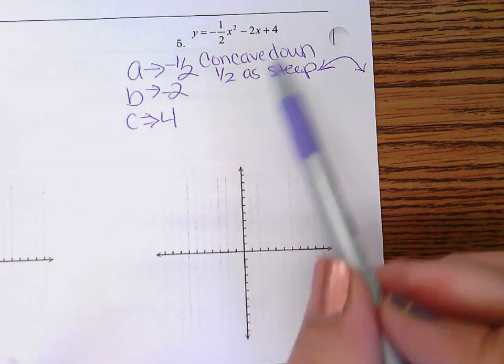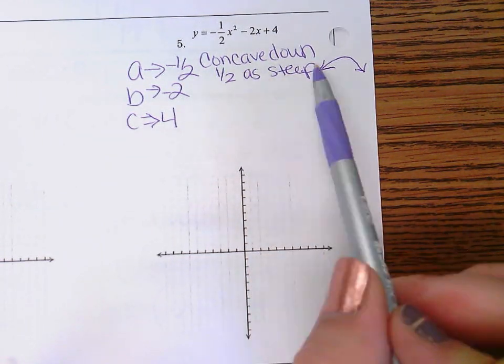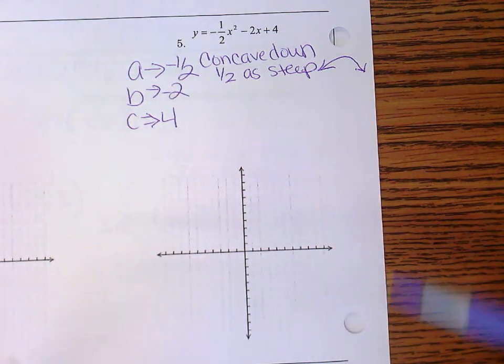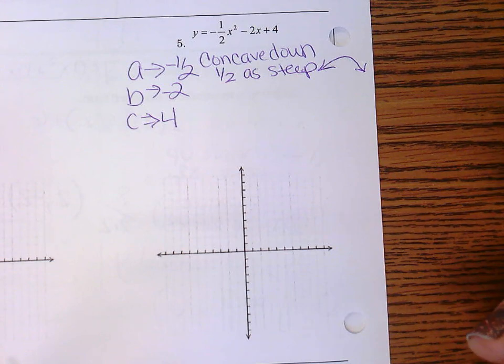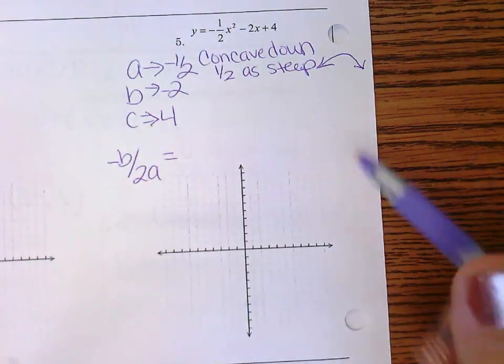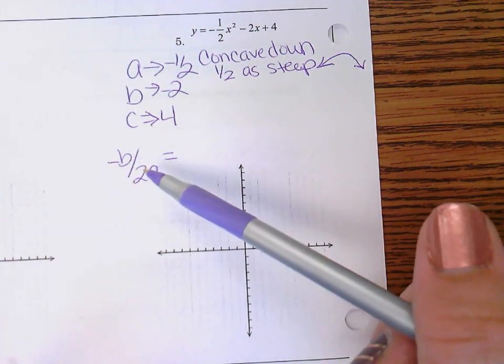So when I get my vertex, I have to remember it's concave down because of the negative, and it's going to be half as steep. So my B value reminds me I'm going to do -b over 2a. You've written that down 3 times now, so start to memorize -b over 2a.